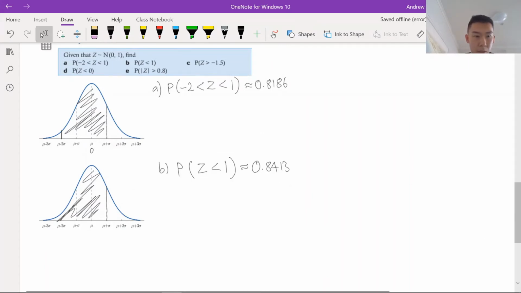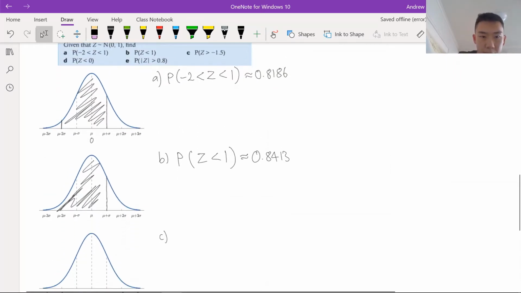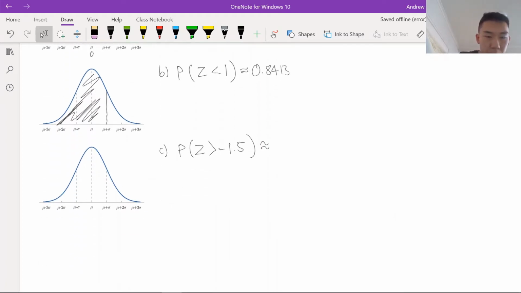Alright, let's do C. So we want the probability of Z greater than -1.5. So -1.5 would be here. The area we want would be everything to the right of -1.5.